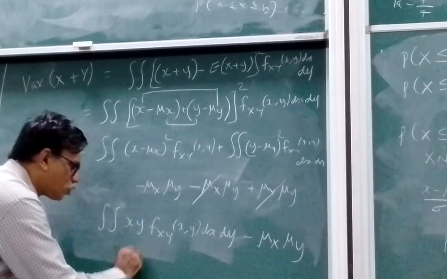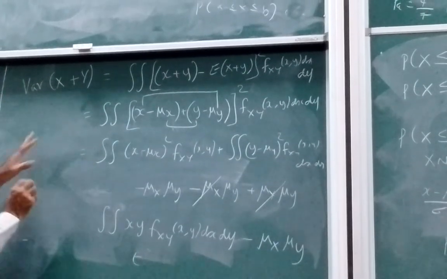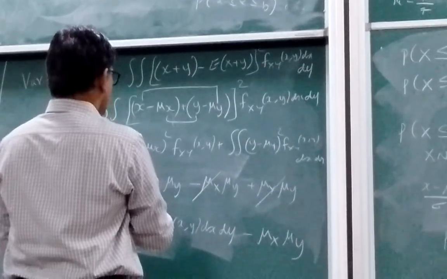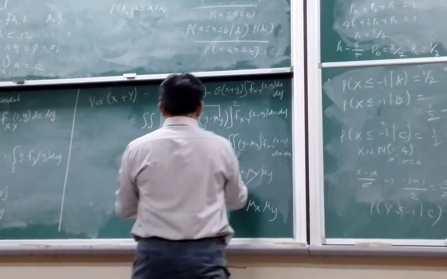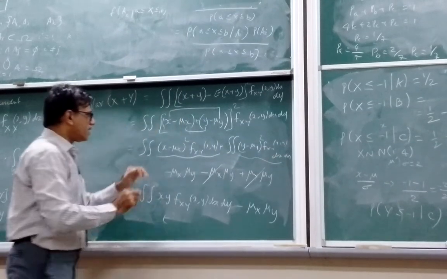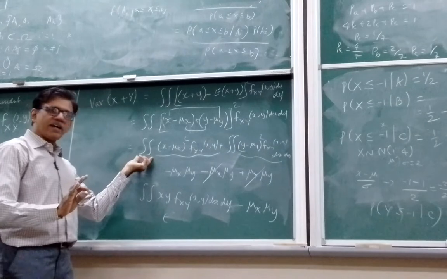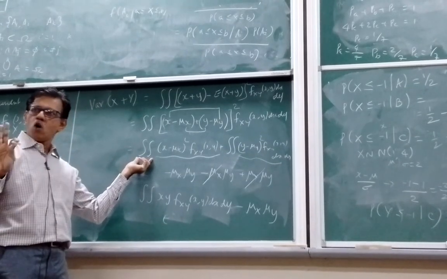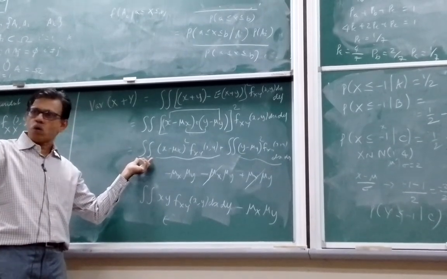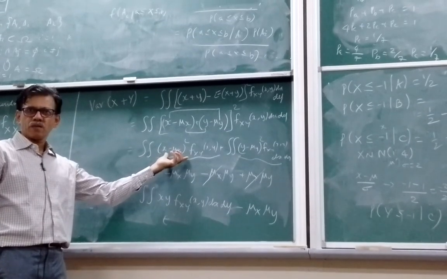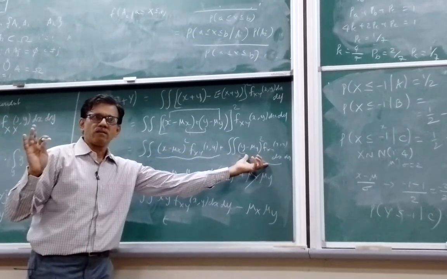This is what we usually write it as. This term is again purely a function of x. And if I integrate it over x and y will go, when you are integrating it over y, it goes away. The remaining thing is nothing but variance of x. This is variance of y.